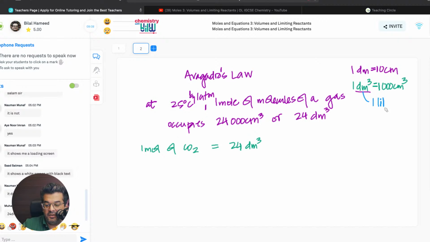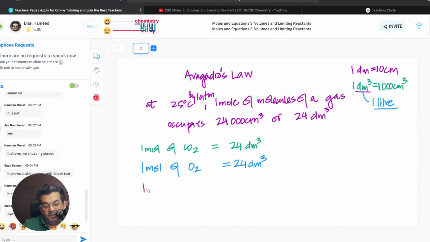I'm sure you've heard the term liter. 1 liter is 1 dm³. So far, can you hear me? Yeah. And so if I have 24 liters of carbon dioxide, it just means I have 1 mole of carbon dioxide. But 1 mole of oxygen will also be 24 dm³.